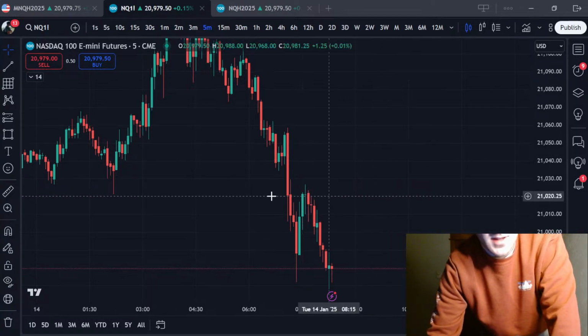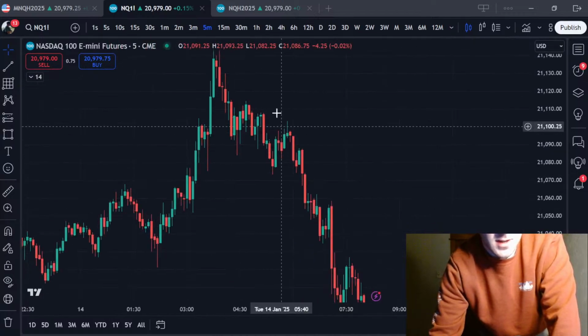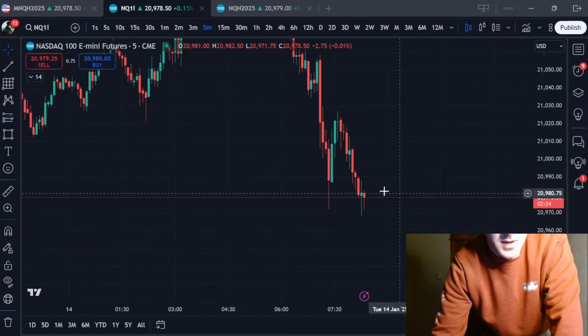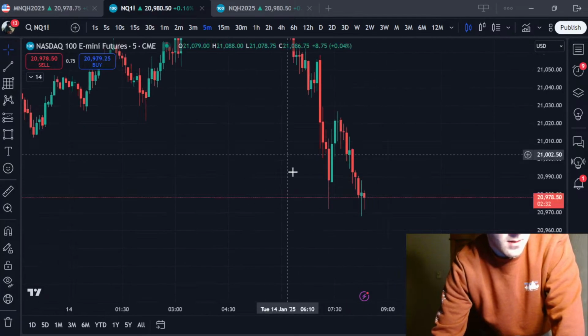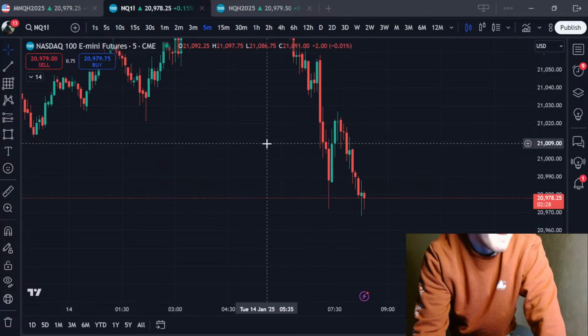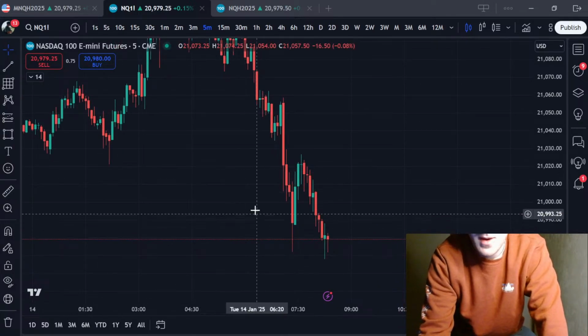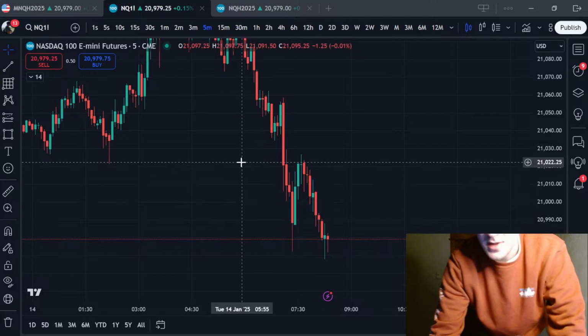I'd like to see this become a buy model, where we get the CISD and then take out this LRLR. But if we continue lower, then we'll do nothing and probably just wait till tomorrow. I do think it makes sense for this to be a buy model since we did sweep out London and Asia.